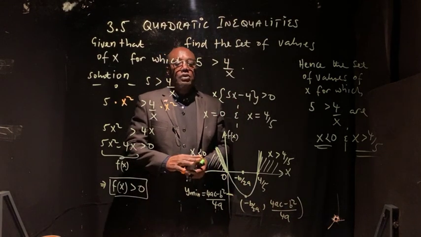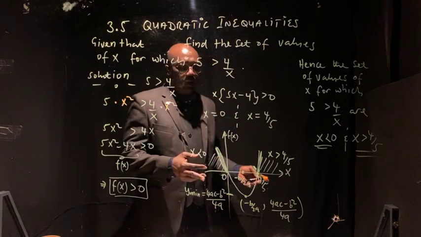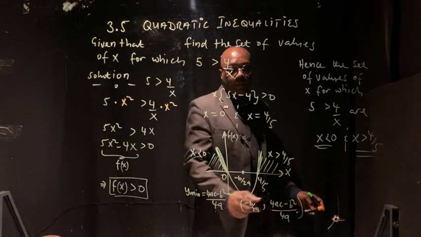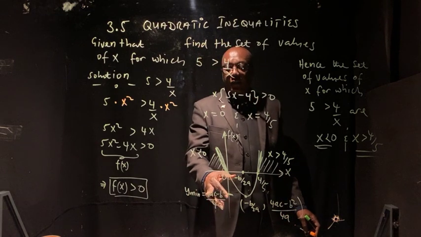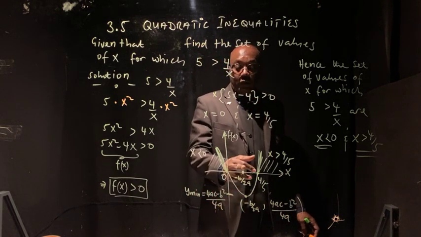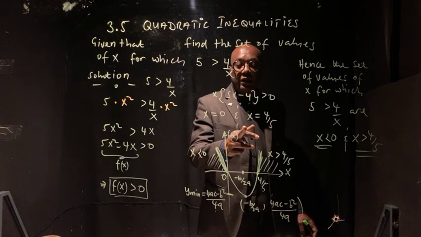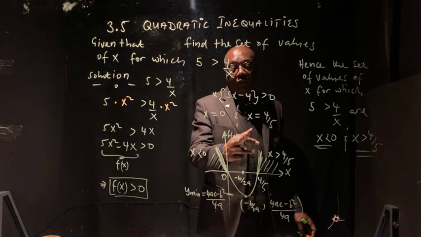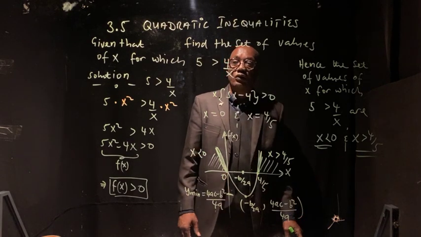So, assuming you were asked to calculate the coordinates of the turning points, then this should be that one. And assuming you were asked to find the y minimum, then this should be this one. Assuming you were asked to find the symmetry where the curve is divided into two equal portions, it is this one, negative b over 2a.